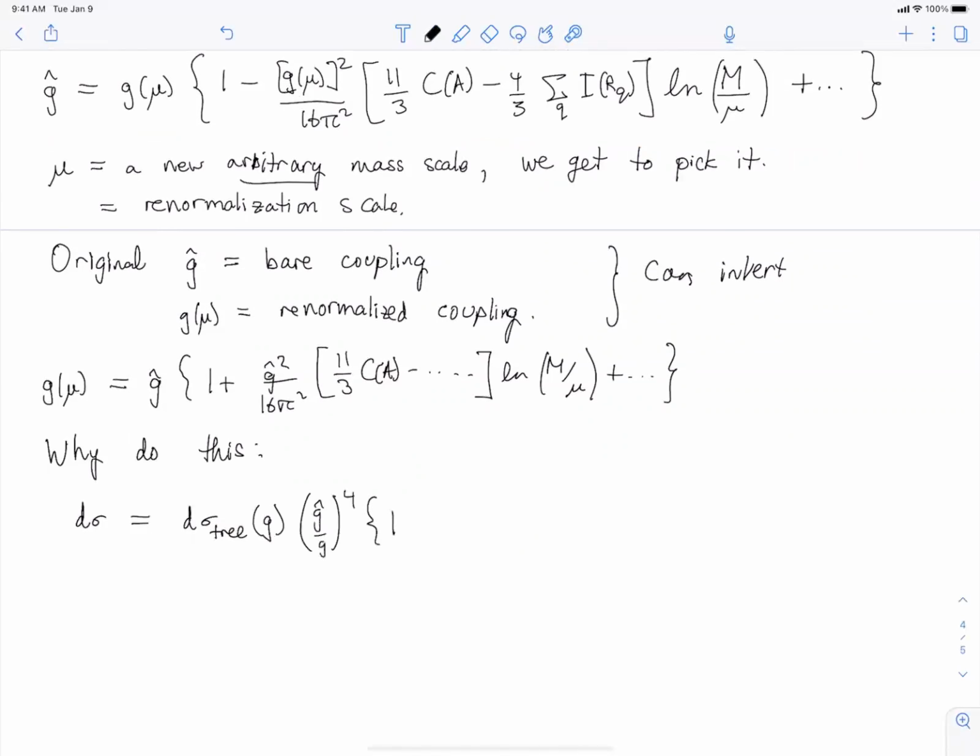times 1 plus, the reason it's G hat over G to the 4th power, by the way, is because hidden in here is a G to the 4th, right? So we know everything scales like G hat over G to the 4th power times 1 plus some stuff times logarithm of cutoff over M bar.